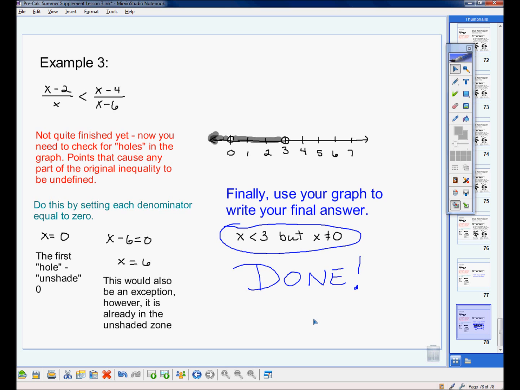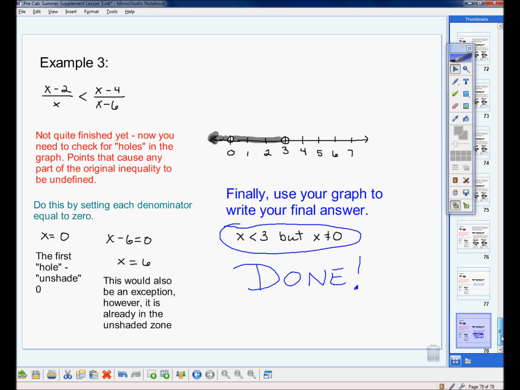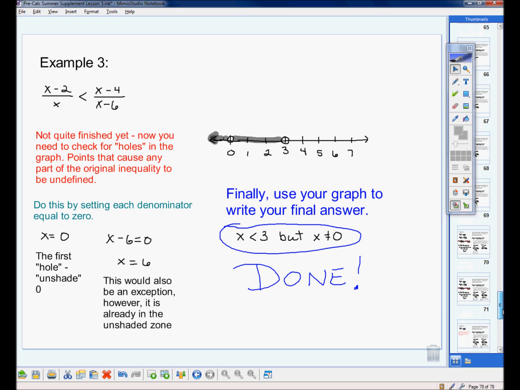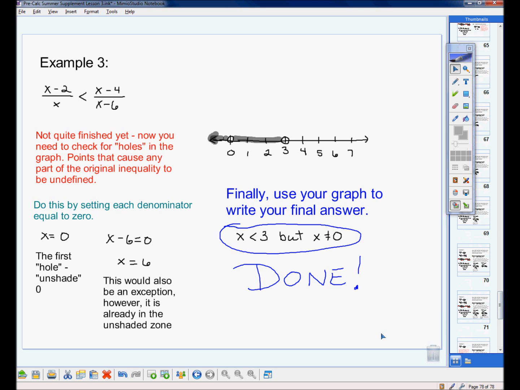You will see it again when you get to pre-calc. Maybe not in the first chapter for this one, but the other things that we've done in the whole rest of this summer supplement come right along in the first chapter. The equations for sure are in the first chapter, and it will be your job to make sure that you study well so that when you see it and it's gone over again, it's not the first time that you're seeing it.